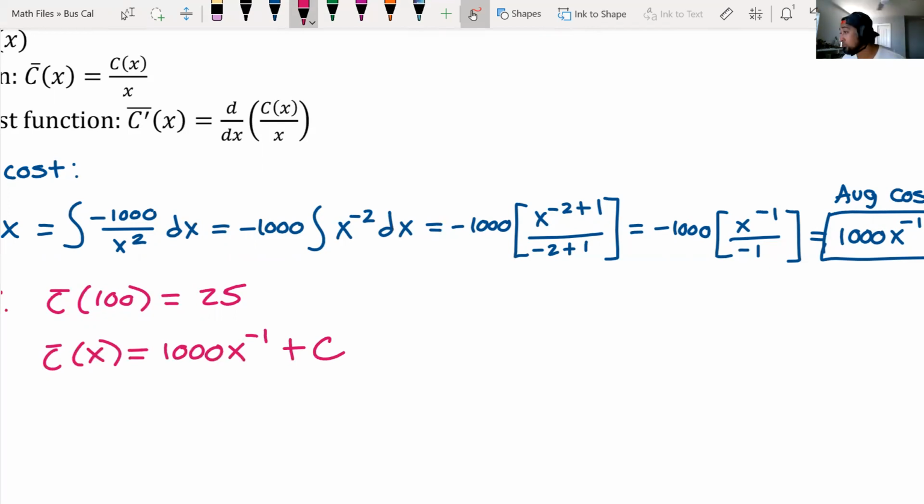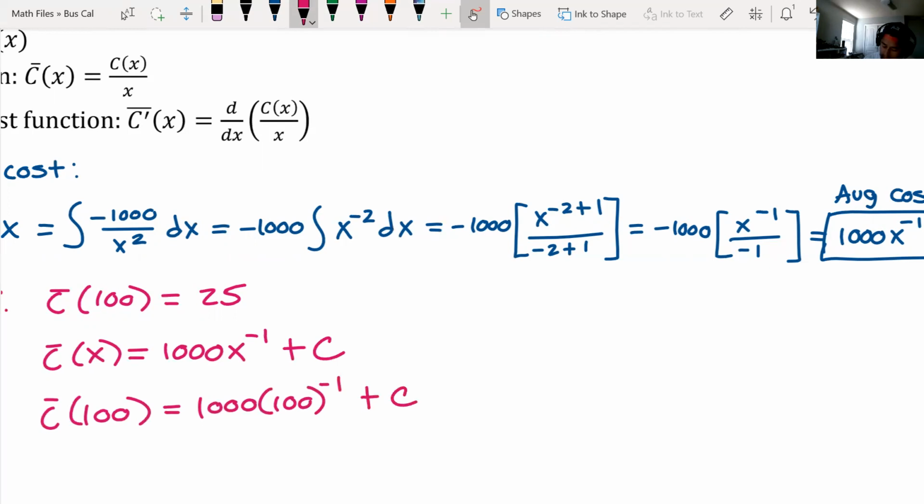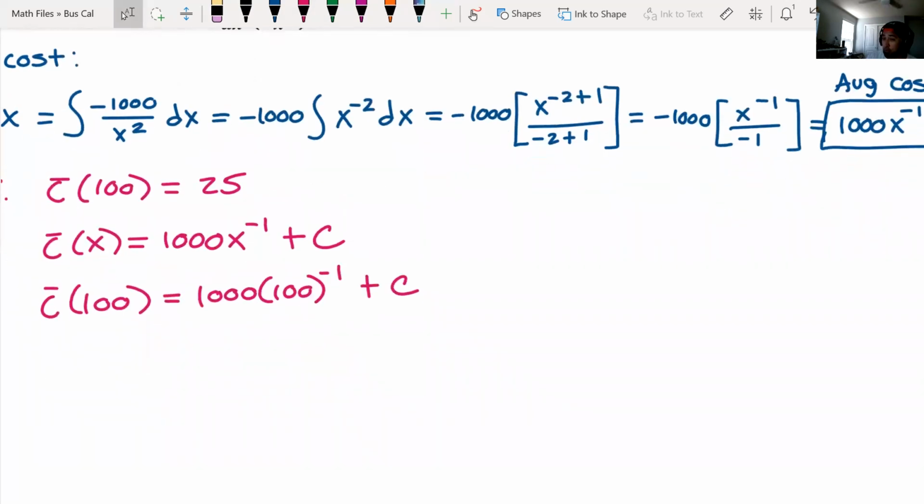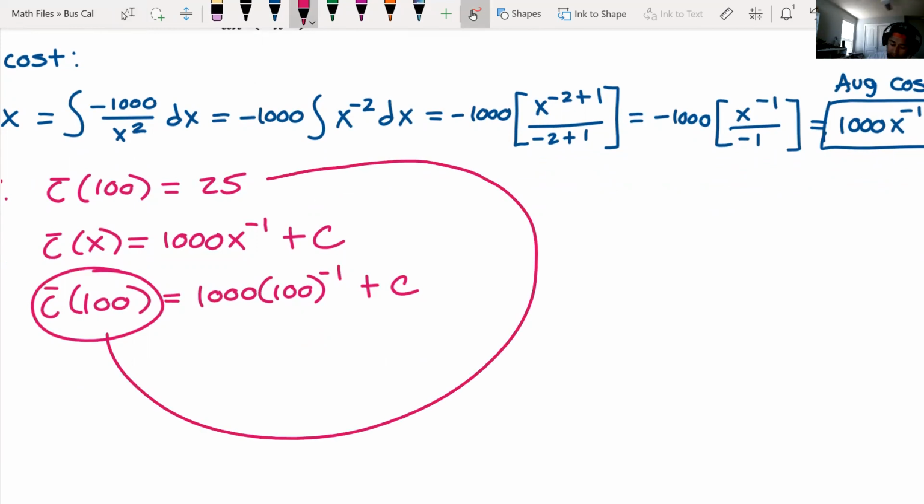So what we're going to do is plug 100 in for X. So we're going to have C bar of 100 equal to 1,000 times 100 to the negative 1 plus C. Okay, but the clue says when you have C bar of 100, that equals what number? 25.